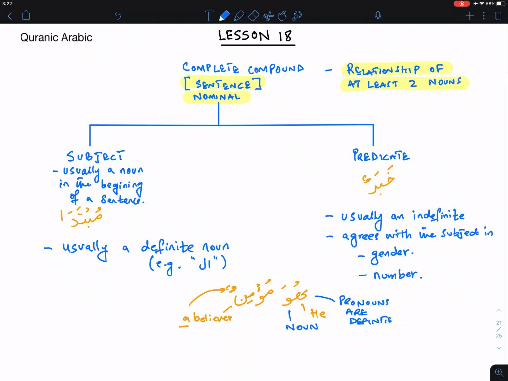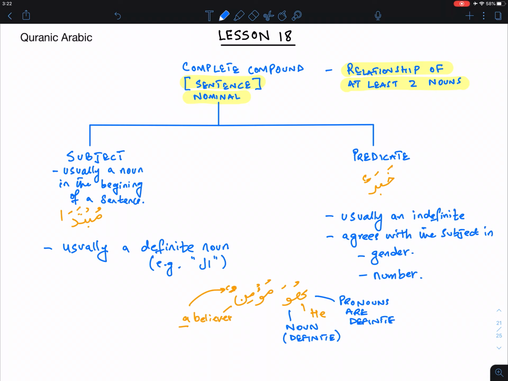Okay? So now we've got a noun that's definite because I just told you the rule. So all the pronouns are definite. And I'll give you a list of pronouns later. I'll define for you all the different types of definite nouns. That's going to increase your vocabulary. That is to come. But let's focus on this.